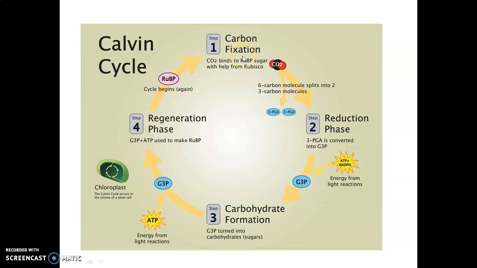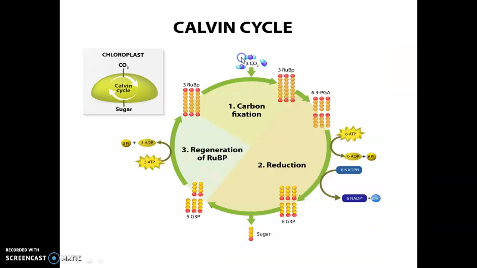Carboxylation, carbon fixation, is the first step. Carboxylation is the fixation of carbon dioxide into a stable organic intermediate. It is the most crucial step of the Calvin cycle, where CO2 is utilized for the carboxylation of RuBP.